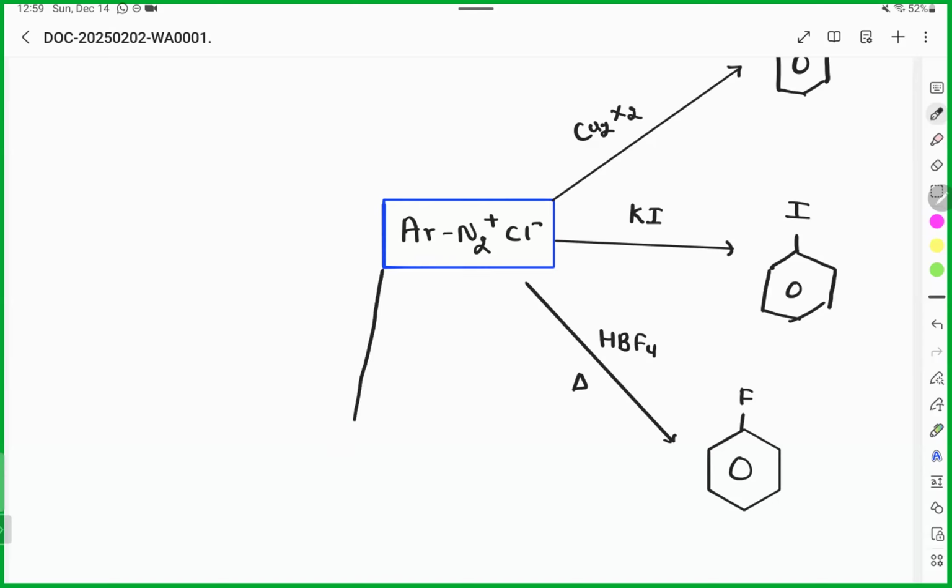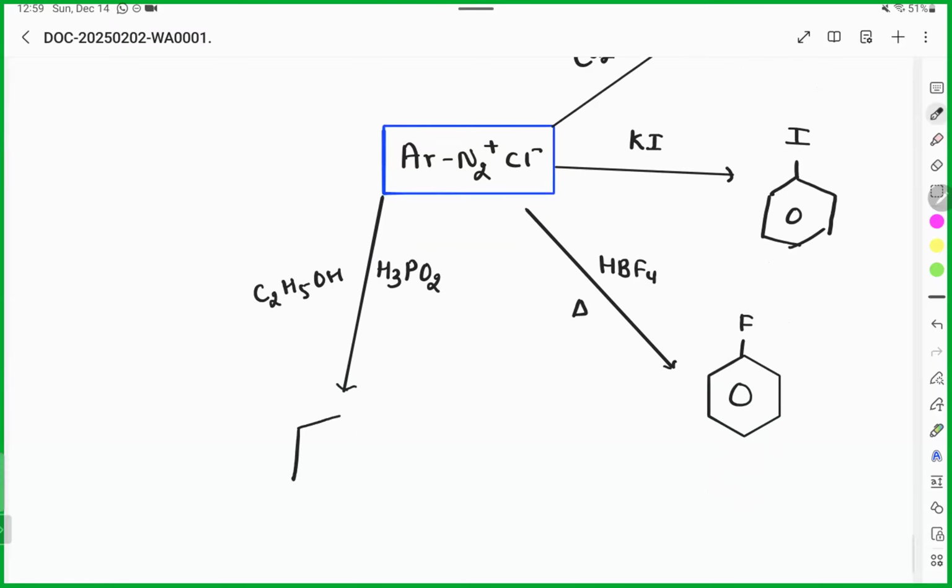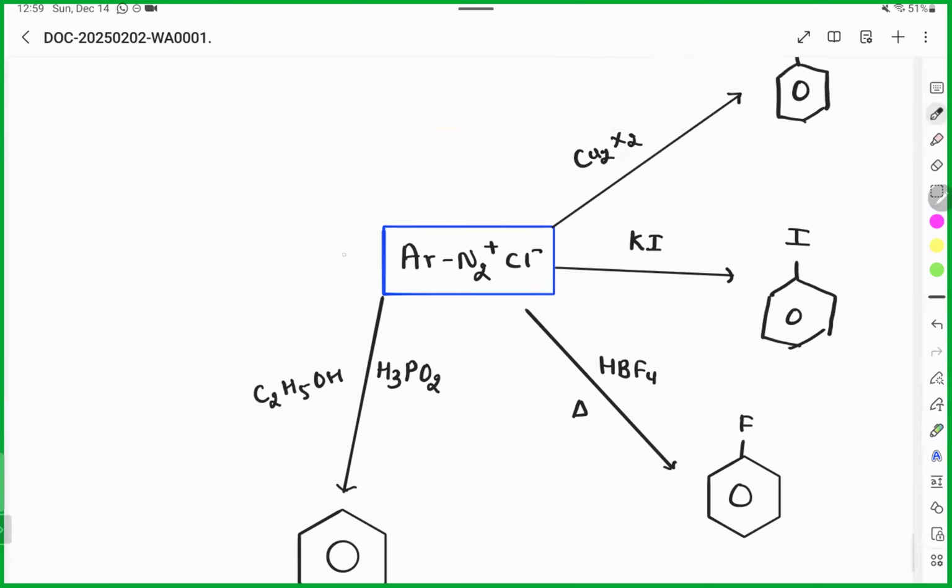If you add H3PO2 or alcohol C2H5OH, then in this case, what will be the product? Benzene ring. If you add water, H2O, what will be the product? Phenol. Phenol.